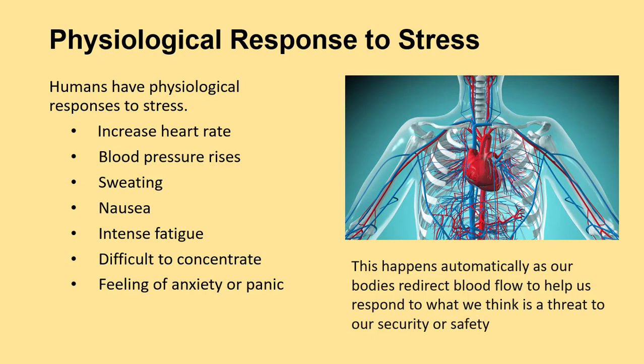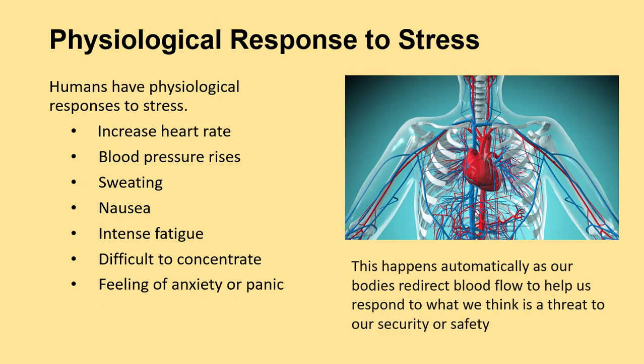And all these feelings and responses are caused by an automatic response in our nervous system that we have no control over. So it happens automatically. Our body's redirecting the actual flow of blood in our body to help us respond to what our body is interpreting as a threat to our security, to our safety, or to our well-being, right?